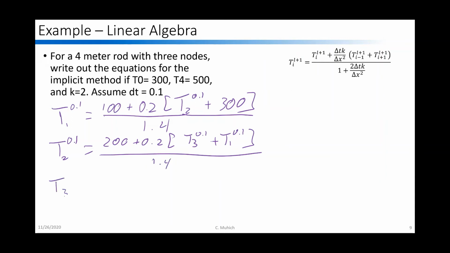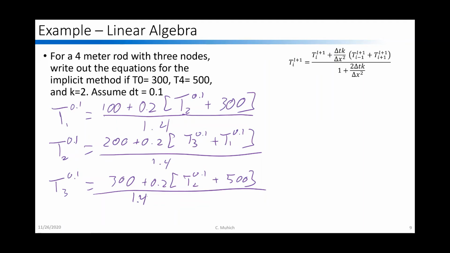And then T3 at 0.1 equals 300 plus 0.2 times T2 at 0.1 plus T4, which is 500, all over 1.4. So in this case, we would go in and do Gauss-Seidel.